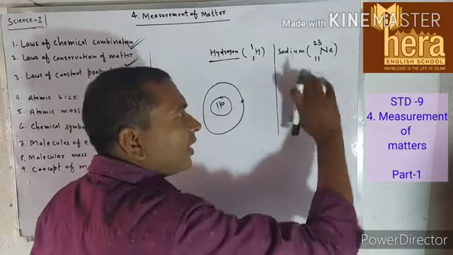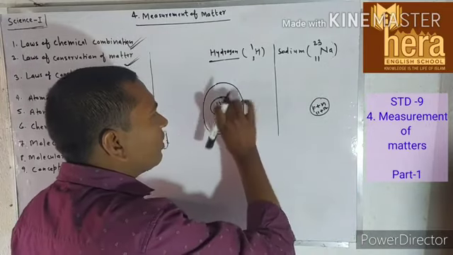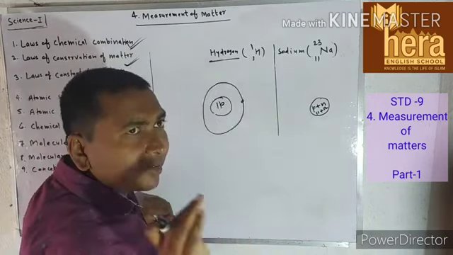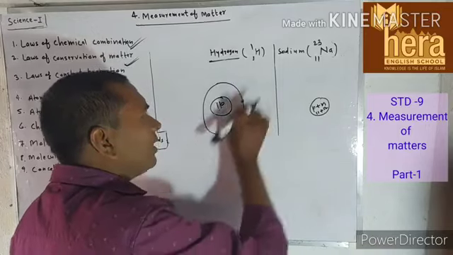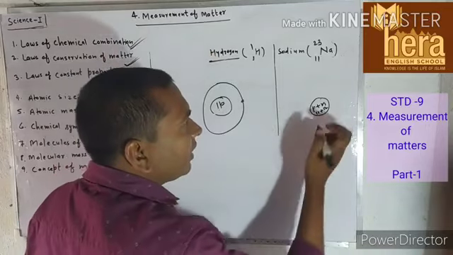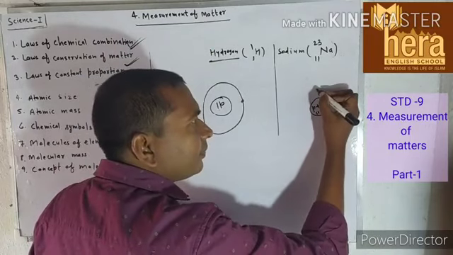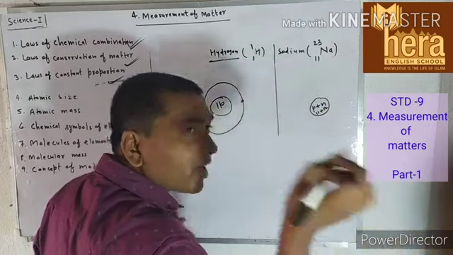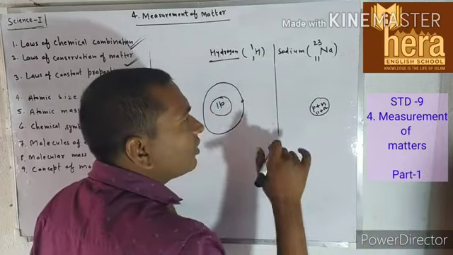Apart from the nucleus, the other part is called the extranuclear part. This is the nucleus, and apart from it, the other part is known as the extranuclear part, in which electrons revolve in the orbits. In the extranuclear part, there are shell orbits in which electrons are revolving.